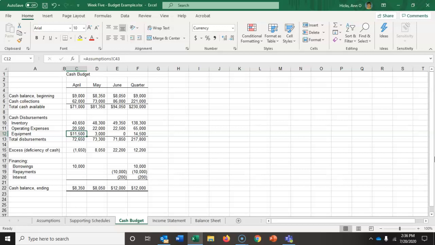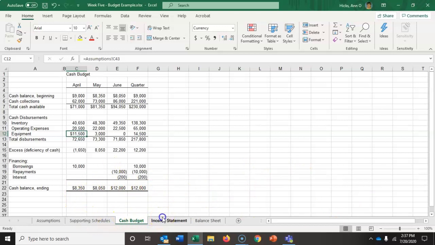If we could defer the equipment purchase till June, we wouldn't have to borrow any money. Now, it may be that the equipment is urgent, is critical to what we're going to be needing to do in April and May, and that may not be feasible. But those are the types of things, as you put together your budget and you see the outcome, you want to take a look at and see what you might be able to do to create a better budget for the company.